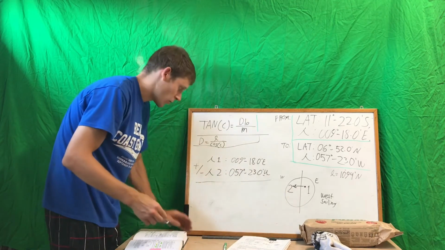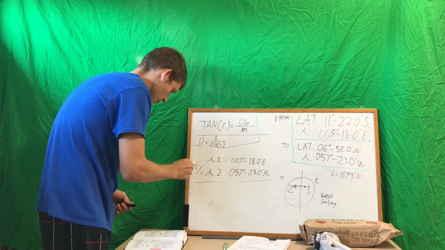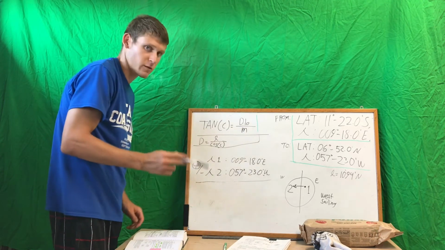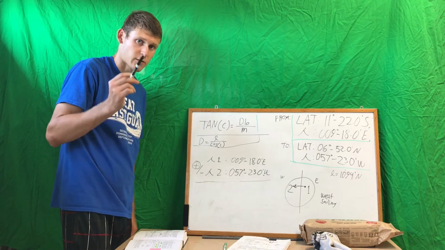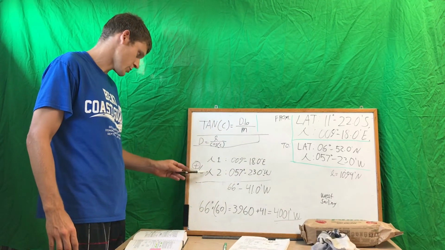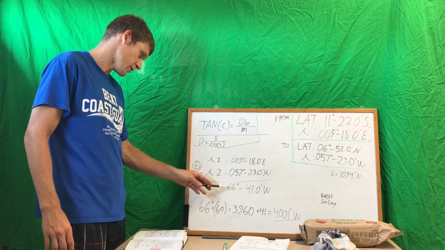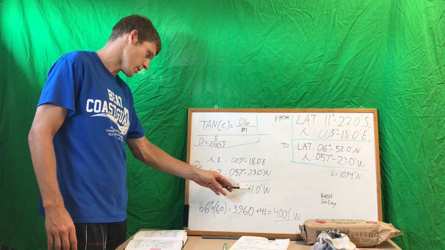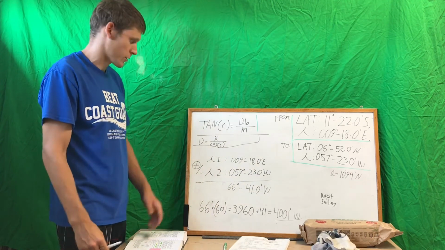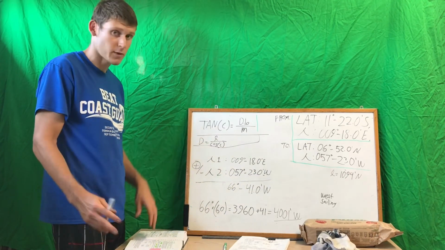So therefore, we have to add these longitudes together to find our difference of longitude. So when we add our longitudes together, we get 66 degrees and 41 minutes west. Remember, this is a Mercator Sailing problem, so we're going to be solving these formulas in minutes.